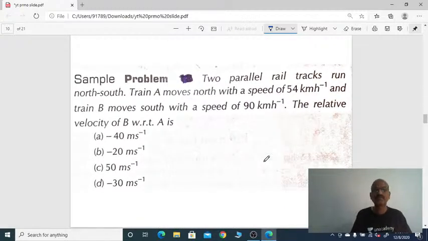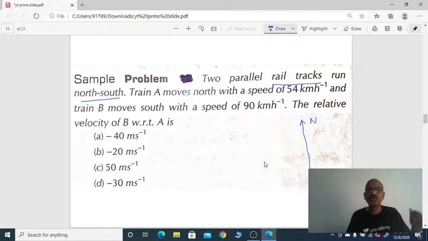First sum, based on this relative velocity concept. Two parallel rail tracks run north to south. Train A moves with a speed of 54 km per hour.